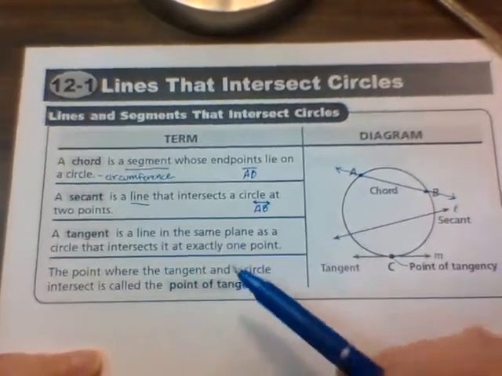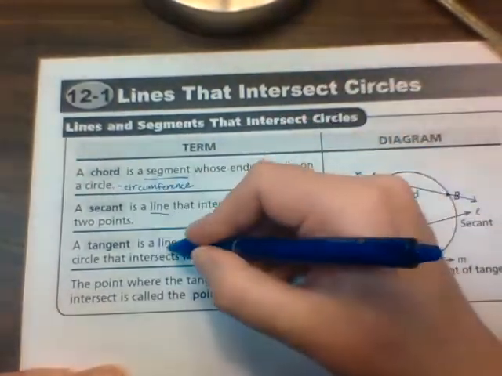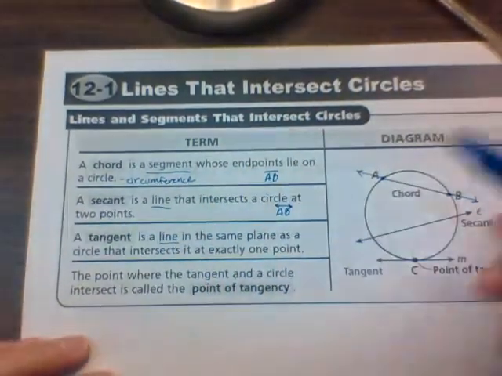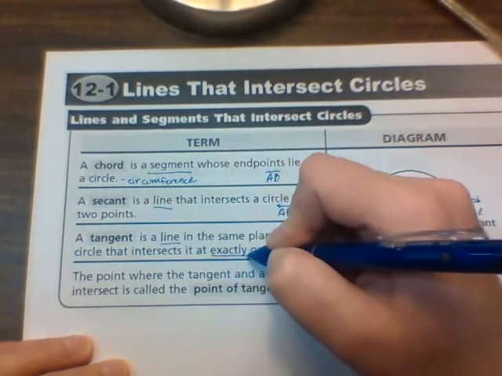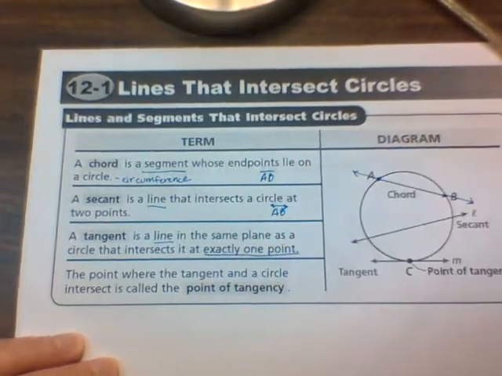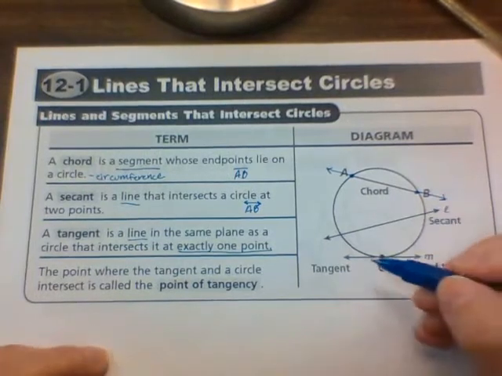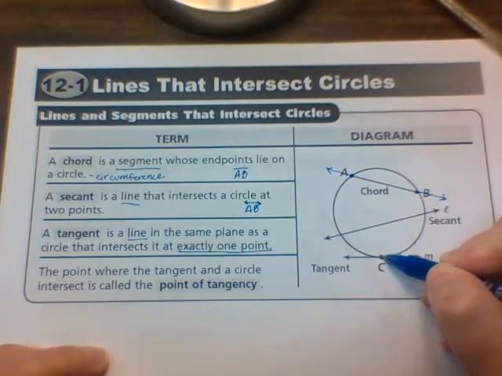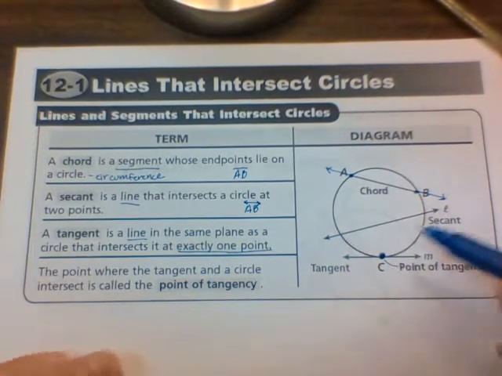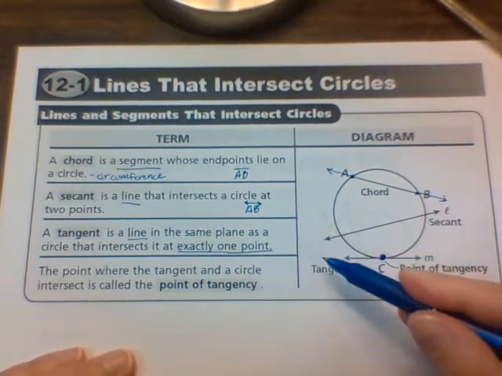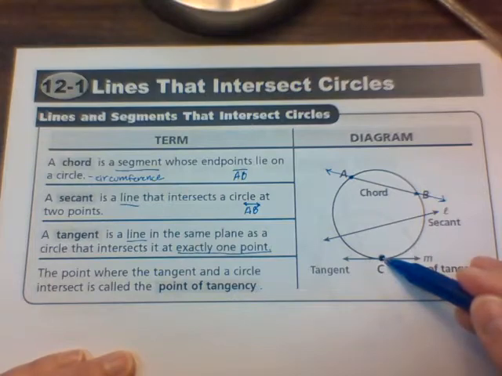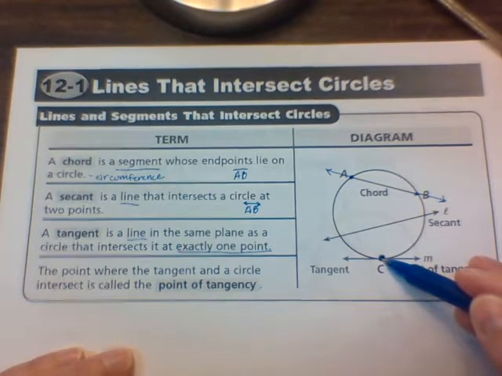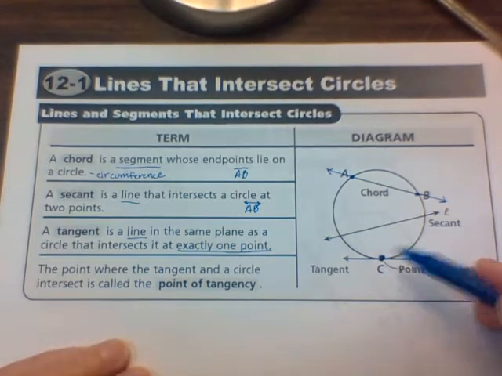All right. Then we have tangent, and a tangent is also a line, and it's a line that intersects exactly 1 point of the circle. So this is where we have to get kind of creative. A lot of times I end up making my dots where they intersect very large, just to make up for error. But the idea is that this line goes along its way and then all of a sudden just touches this circle at exactly this 1 point. It's called the point of tangency, okay?